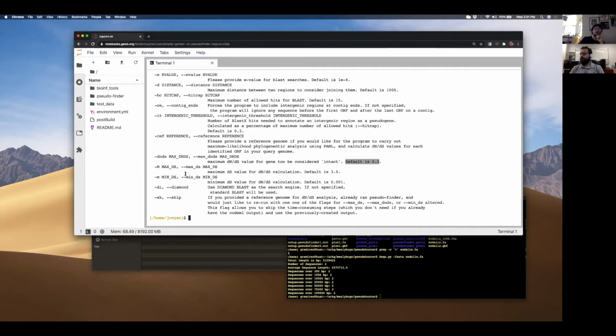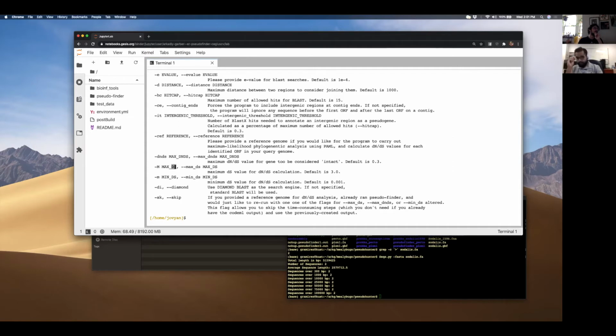So if two genes are really distantly related, you might have a really high DS. So this is going to limit how many of the genes in your data set can actually be compared.